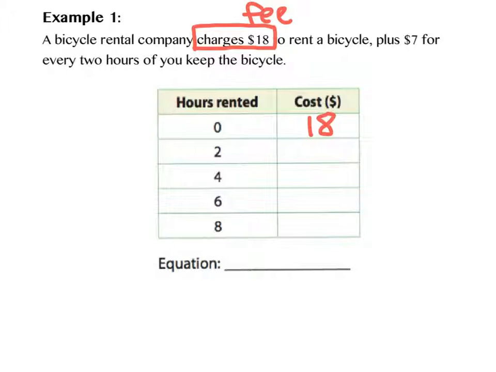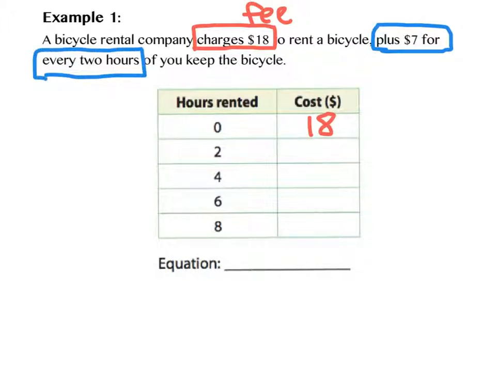When you keep reading the question, the rest of it says, other than just this $18, I'm going to have to add $7 for every 2 hours I keep the bicycle. And our table is already counting by twos for us, so this is going to work out great. I'm going to highlight or circle or box that important information.